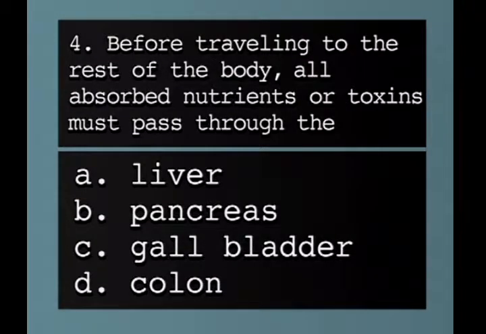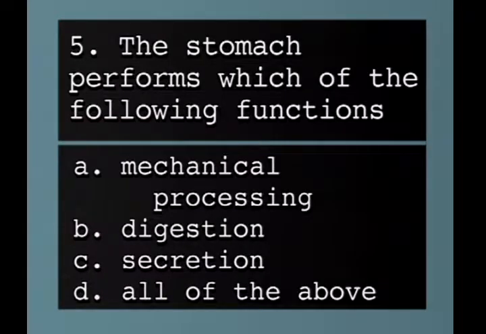Before traveling to the rest of the body, all absorbed nutrients or toxins must pass through the A, liver, B, pancreas, C, gallbladder, D, colon. The stomach performs which of the following functions?